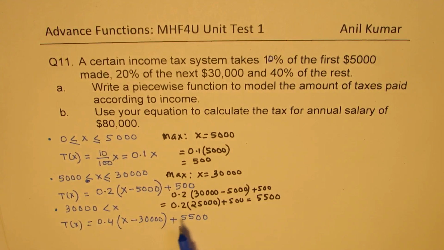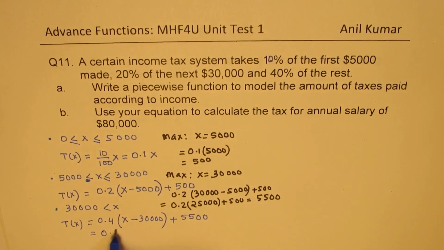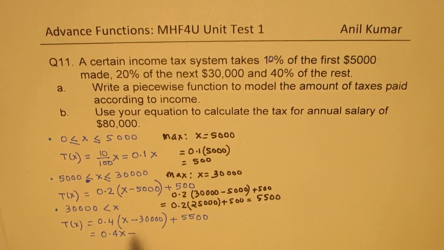Sometimes it is also important to simplify these expressions. You could write like this also, or you could simplify them. So it's a good idea to simplify these expressions and then write down your answers. If I want to simplify this, I can write this as 0.4x minus 4 times 3 is 12, right?